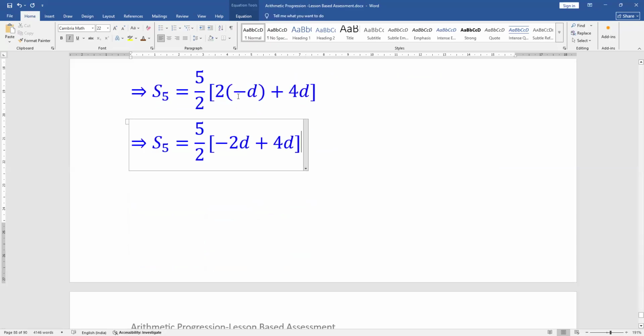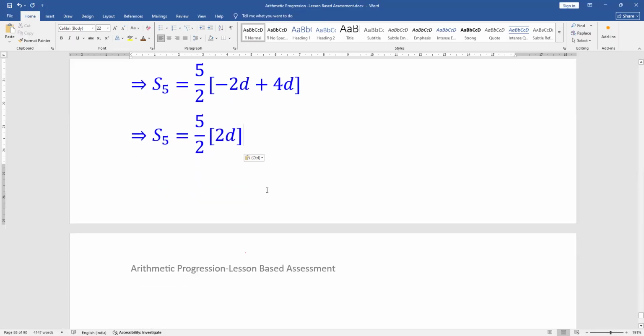Now minus 2D plus 4D is nothing but 2D, correct? So S5 equals 5 by 2 into, and inside the bracket, I write 2D.